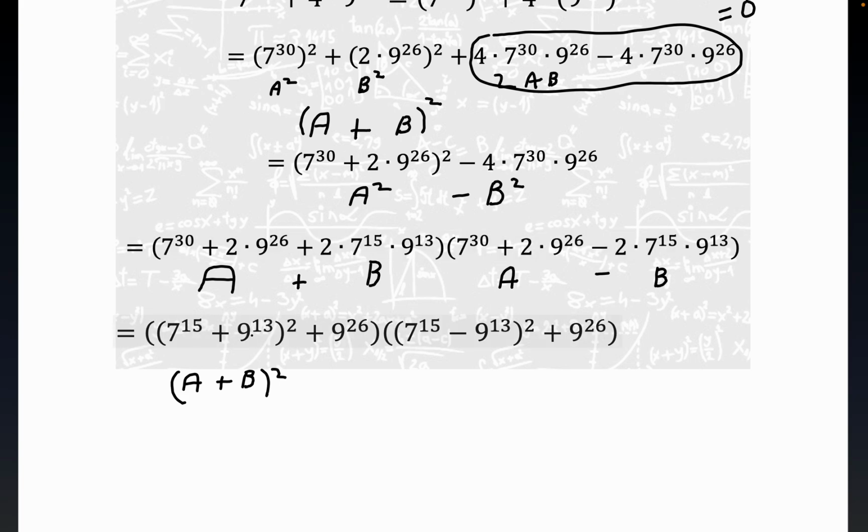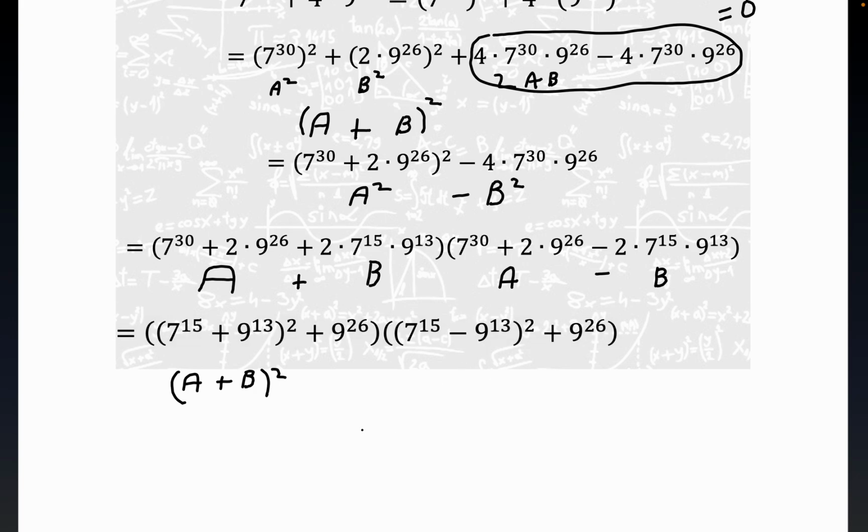And then 9 to the 13th squared is 9 to the 26th. But there are 2 of them up here, you see? That's where this one comes from. We kind of correct our mistake. This part right here would be the 2ab, right? I don't want to write it because it'll be too messy and confusing, but something similar happens over here.